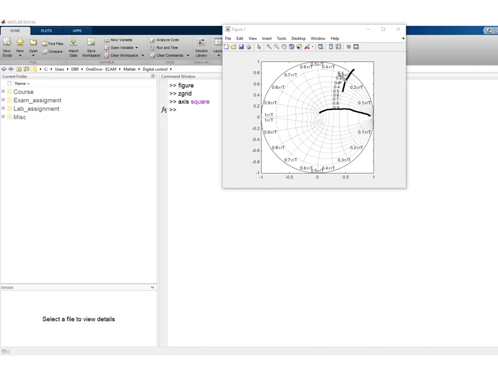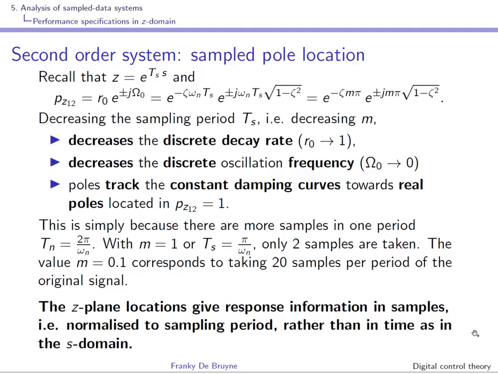And here the natural frequency is really written in terms of omega n, so it's m times pi over ts. So the t that you see here is the sampling period. We can now have a look at the sampled pole location when ts is decreasing.